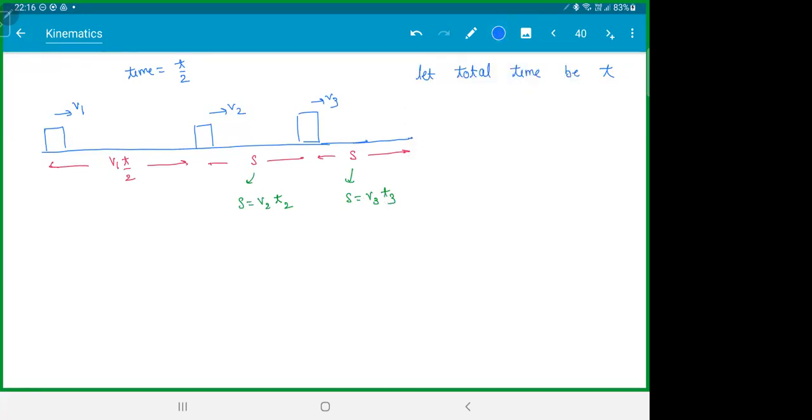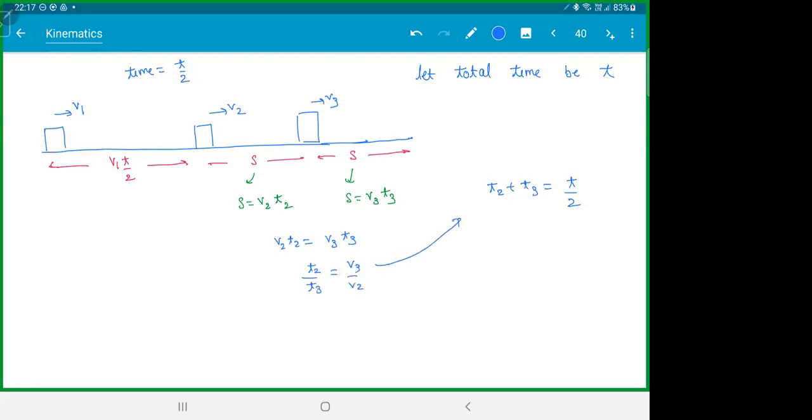And from here, I also know t2 plus t3 should be equal to remaining half of the time, isn't it? If this total time is t by 2, then this total time should be t by 2. And from here, we know v2 t2 is equal to v3 t3. So from here, I get the ratio of t2 by t3 will be v3 by v2.